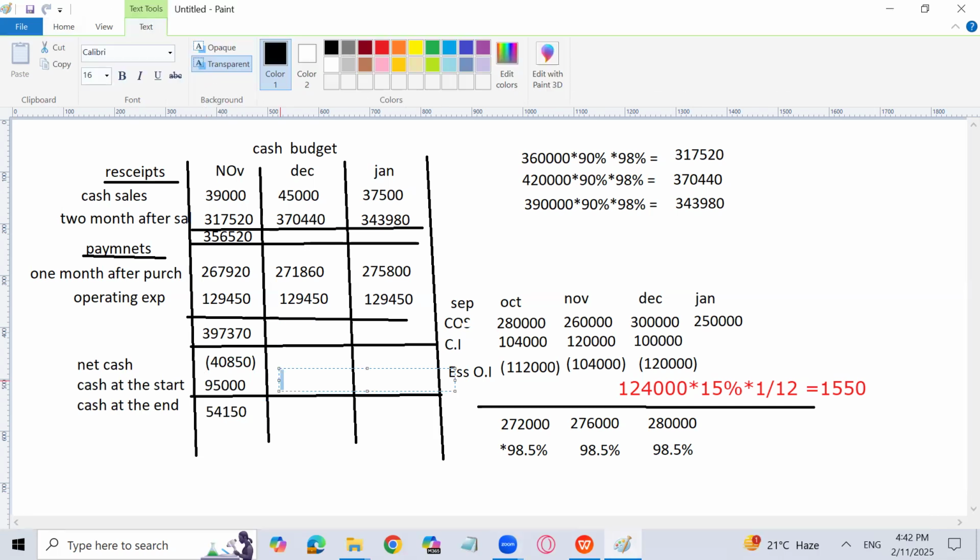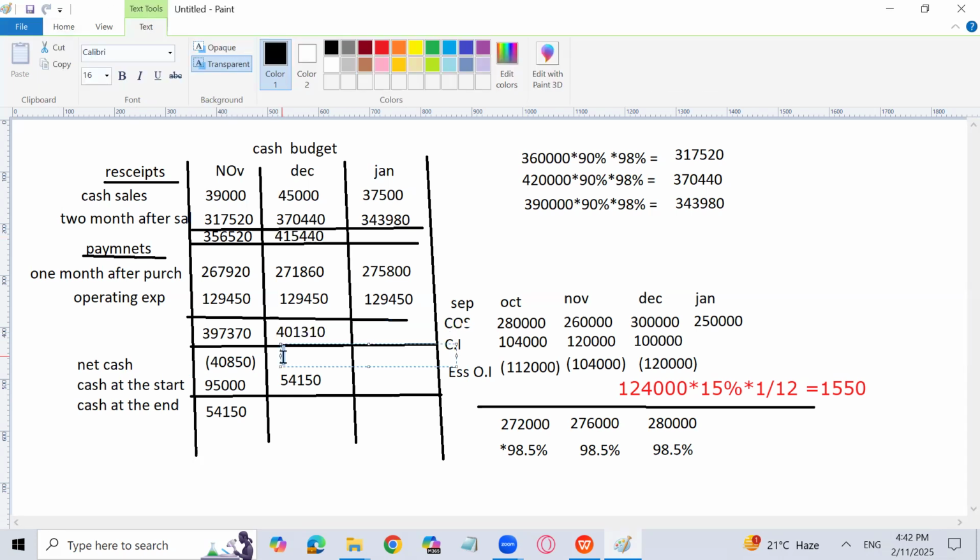This will become the cash at the start of the next month or next year, whatever you want to write it down. Okay. Now next, what is the total of this? 415,440. Then the 401,310. Okay.